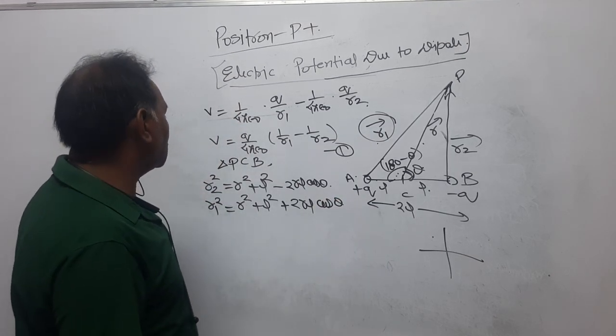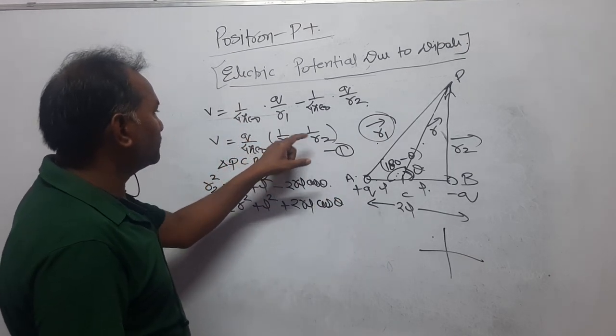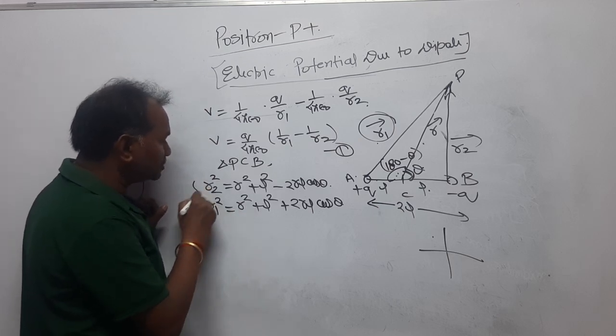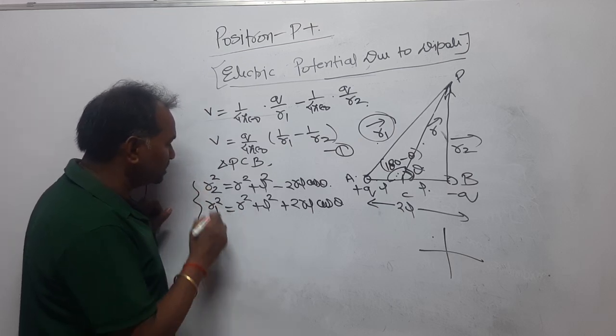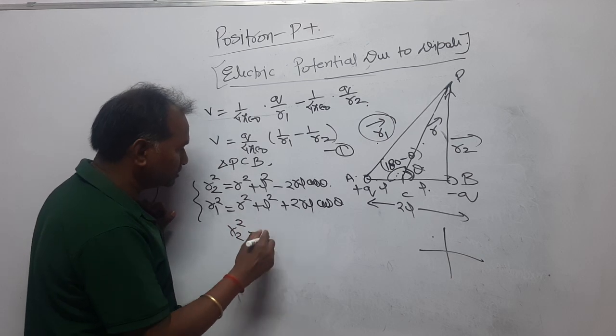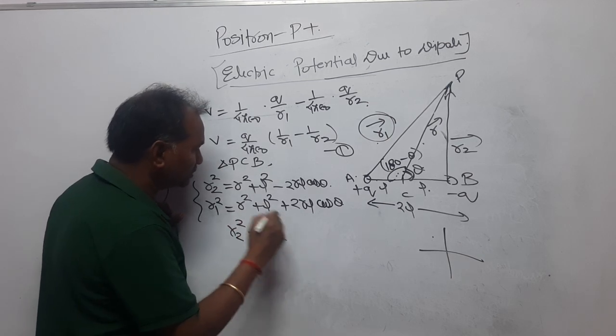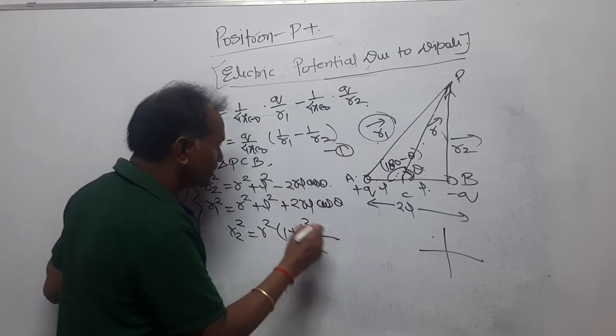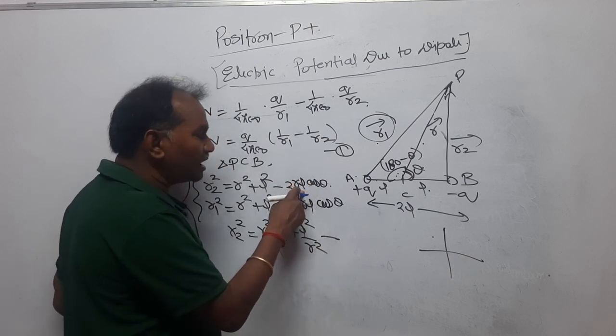Now, dear students, what we have to do is find 1 upon R1 and 1 upon R2. So I am trying to solve this equation in this way. Look here, R2 square equals R square taken out, so it will become 1 plus L square upon R square minus 2RL upon R square.